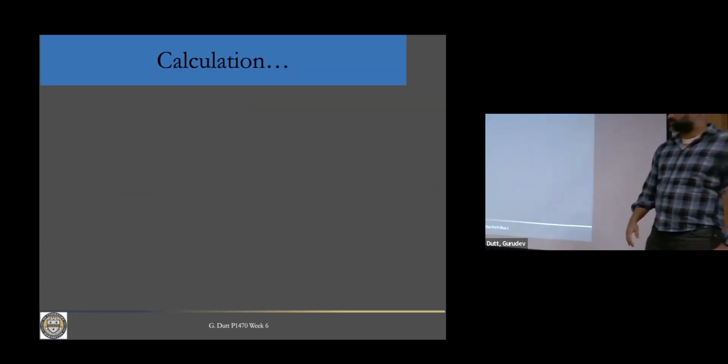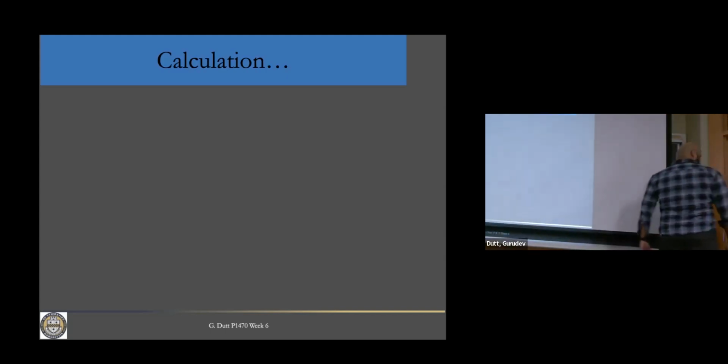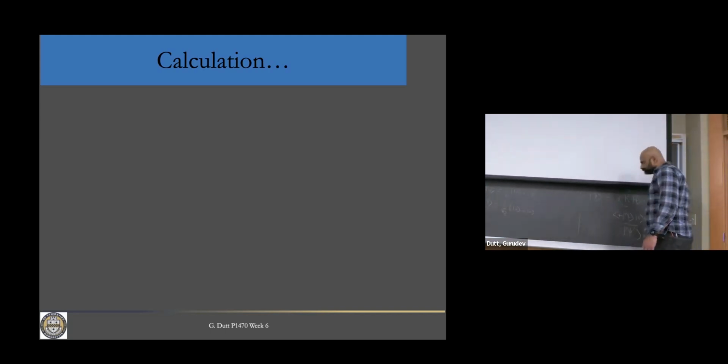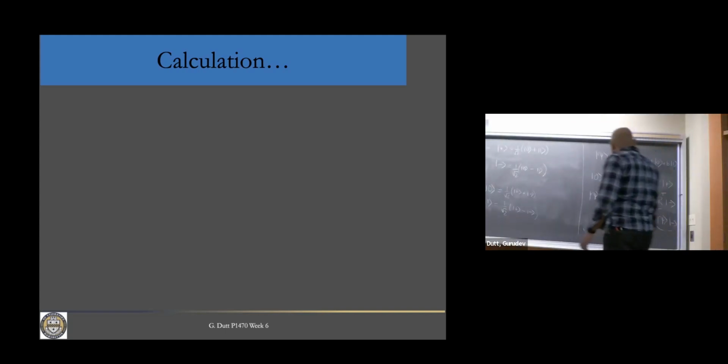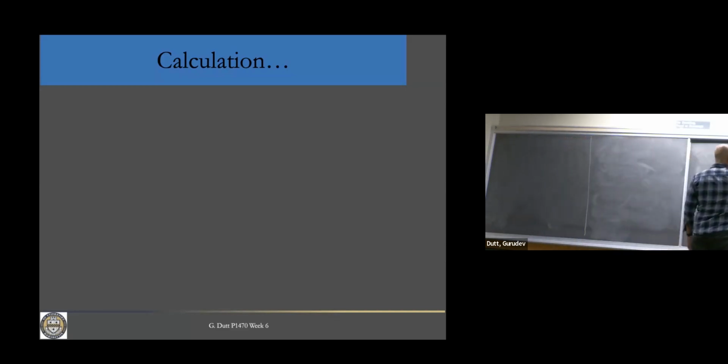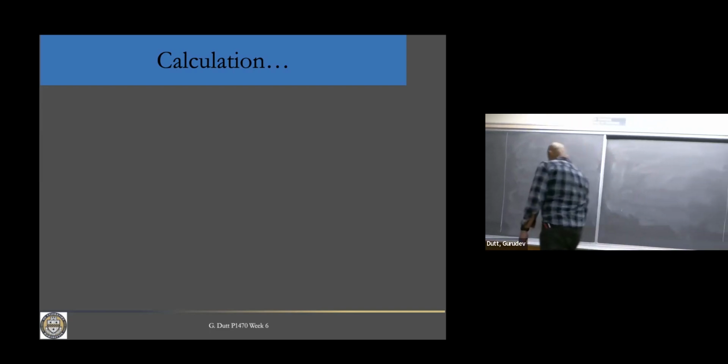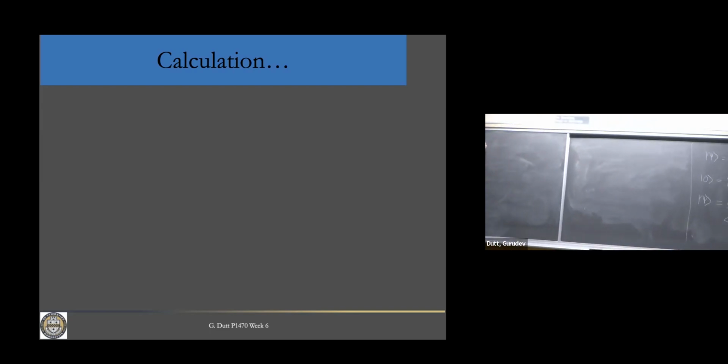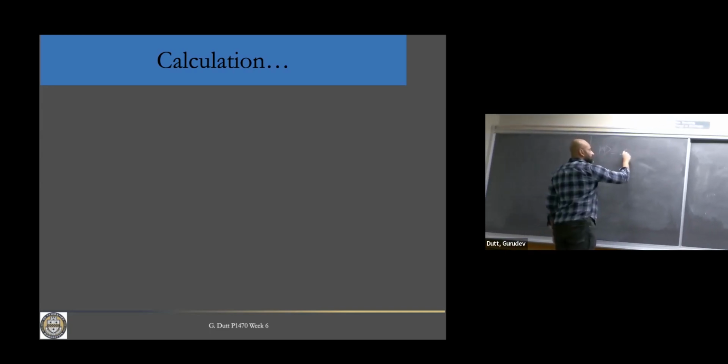So now psi in any basis can be written as the projection of psi onto alpha times the state alpha plus the projection of psi onto the state beta.